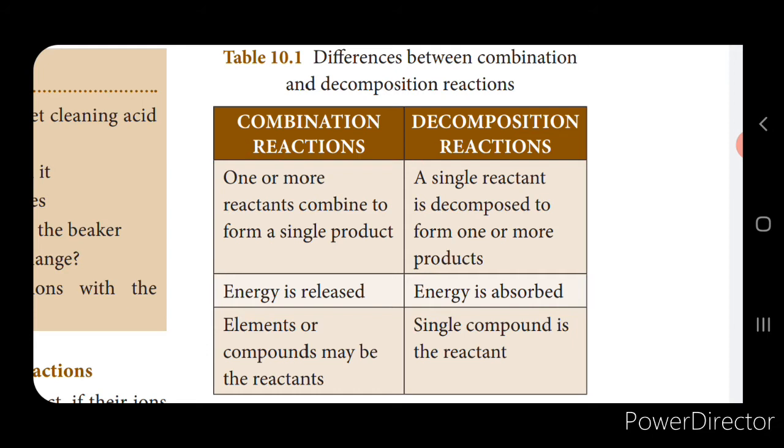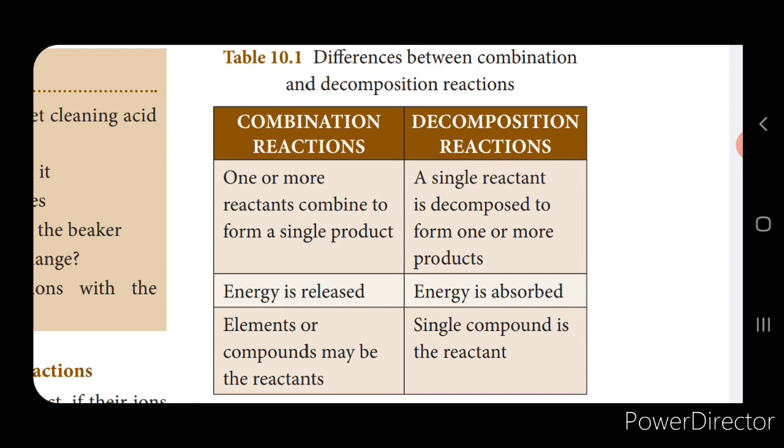On the other hand, if you compare the decomposition reaction, energy is absorbed because here the reactant splits into the products, isn't it? Here energy is absorbed and it decomposes, that is, breaking of the bond takes place, and most decomposition reactions are endothermic reactions because heat energy is absorbed. Now if you see the third difference, elements and compounds may be the reactants in the combination reaction.